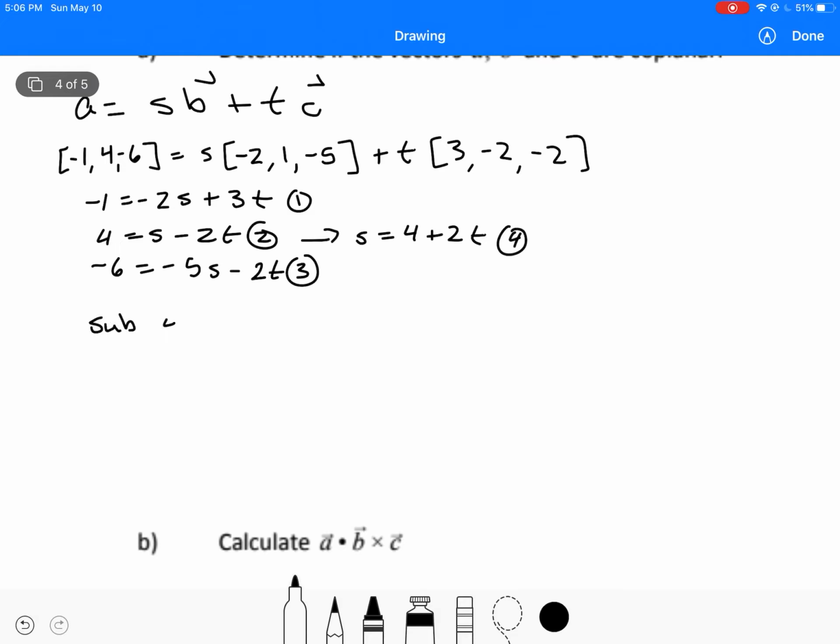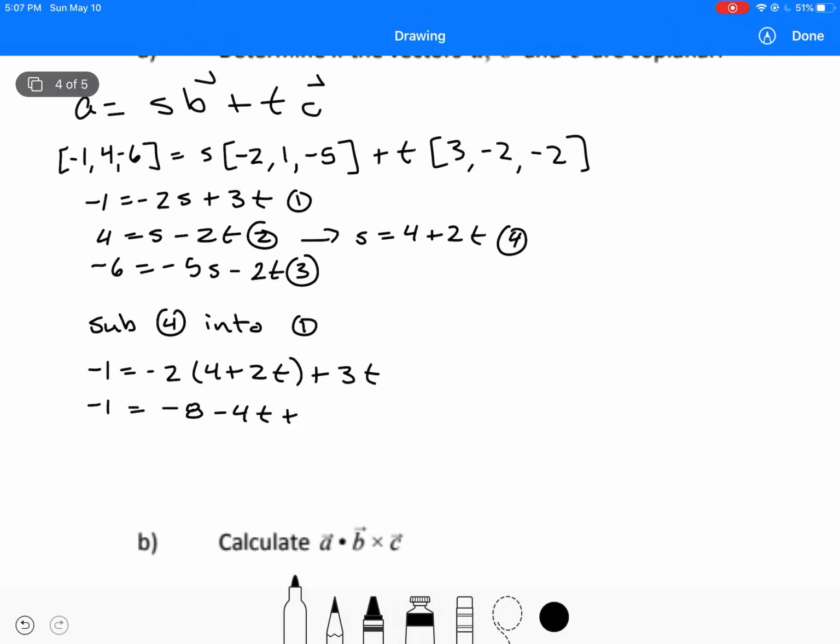And then we're going to substitute our expression for s into our first equation this time. So we've got minus 1 equals minus 2, 4 plus 2t plus 3t, minus 1 equals minus 8 minus 4t plus 3t. And this will give us t equals minus 7.